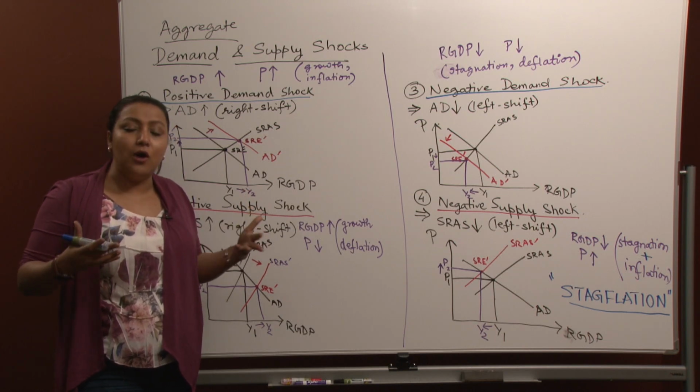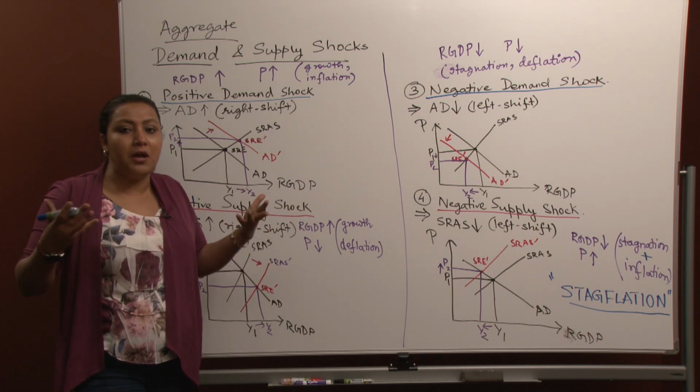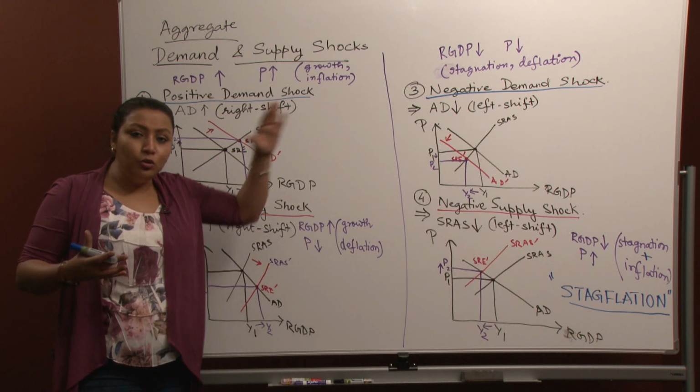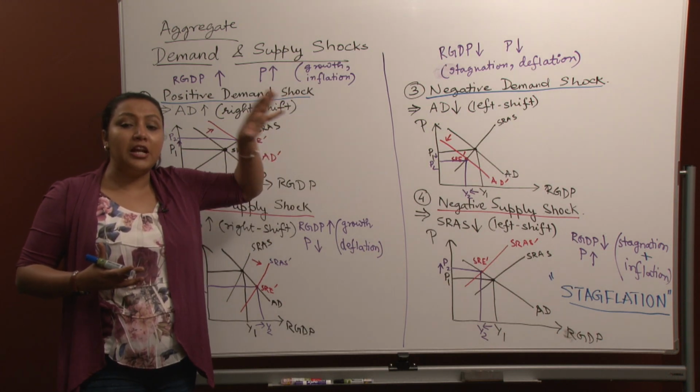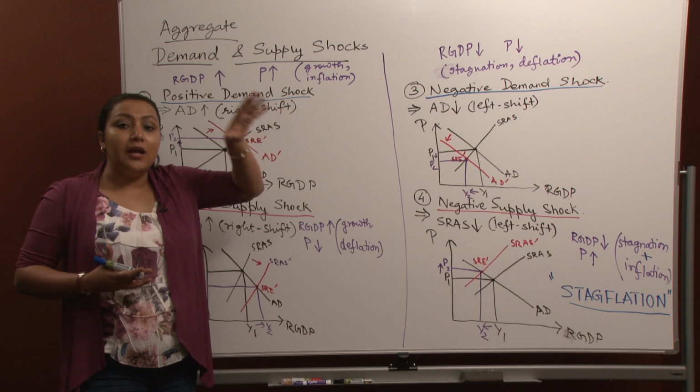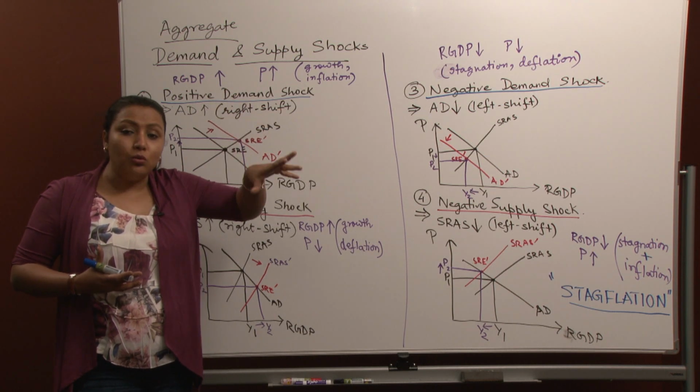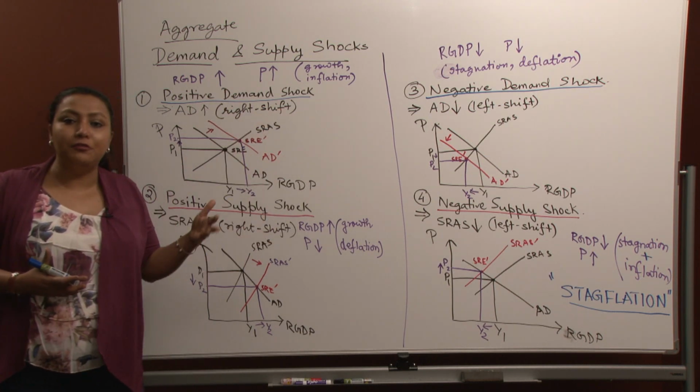So we are talking about a pessimistic environment in the country. Now, pessimism is something that impacts the demand side. It takes the aggregate demand down. So that means we are talking about a negative demand shock.